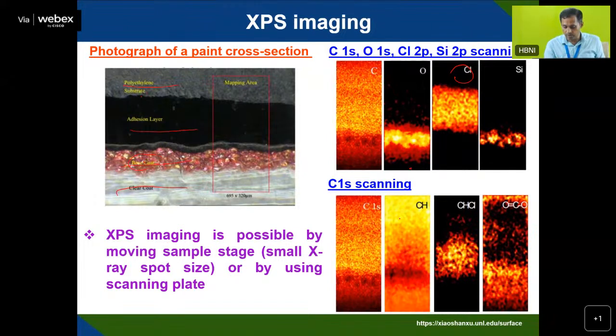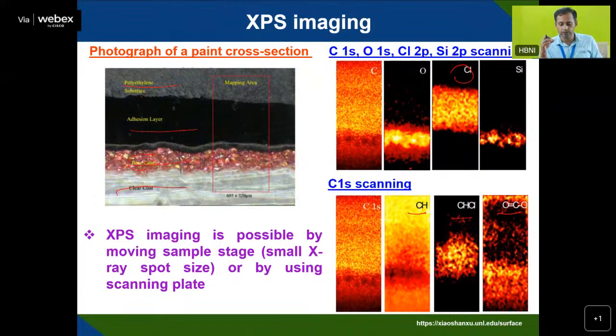So in carbon scanning, only carbon you can see here, the carbon 1s, CH, C-O. All this information by XPS imaging is possible by moving the sample stage with a small X-ray spot size, or by using a scanning plate. If you use a scanning plate, you can attach it to the X-ray photoelectron spectroscopy.